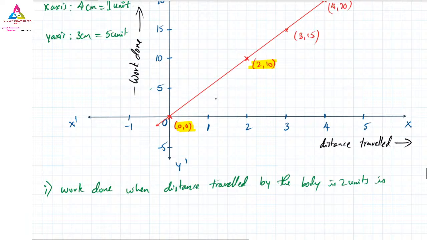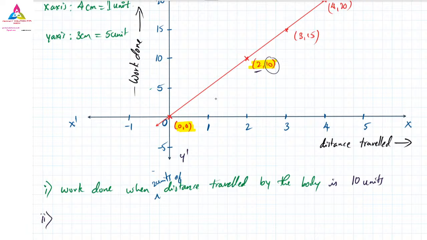Sorry, here you write down the 2 units. The work done when 2 units of distance traveled by the body is how much? 10 units. So when 2 units of distance is traveled, 10 units of work is done. Similarly, the second one: work done when, in the second question they have given 0 units.